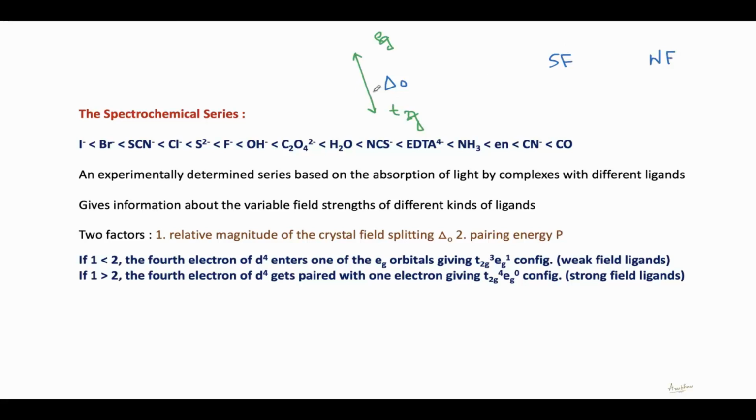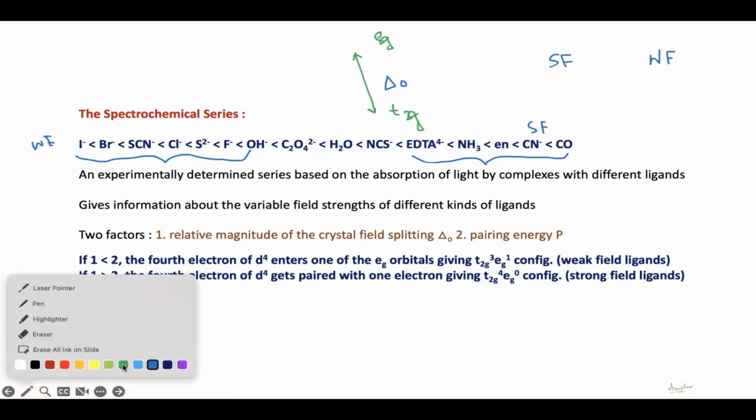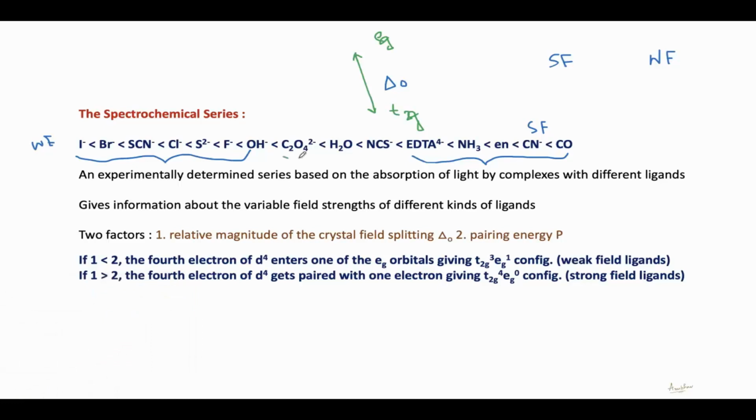In the spectrochemical series, the low-lying molecules are the weak field ligands. The higher ones are the strong field ligands. These are strong field ligands. These ones are weak field ligands. And the ligands which are lying midway are termed as the moderately strong field ligands.